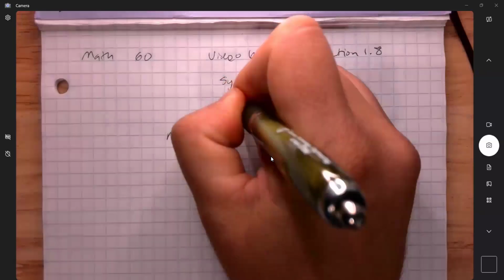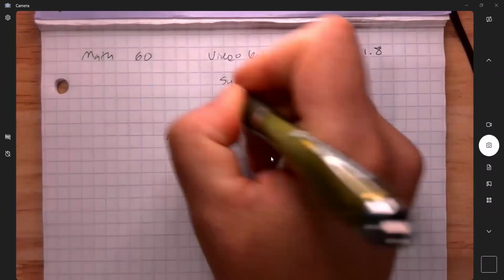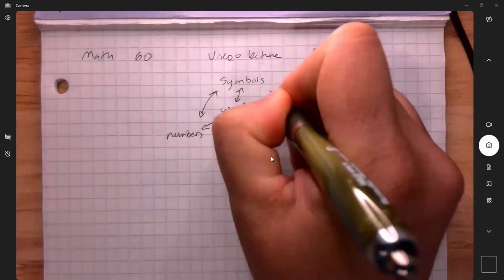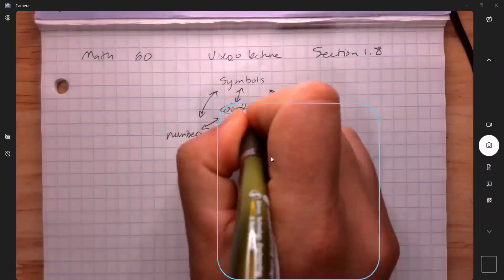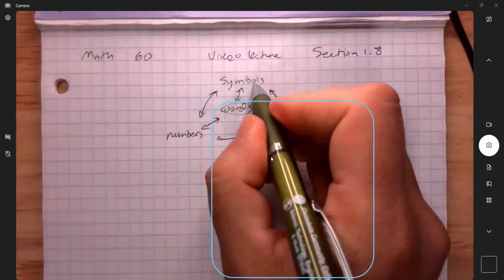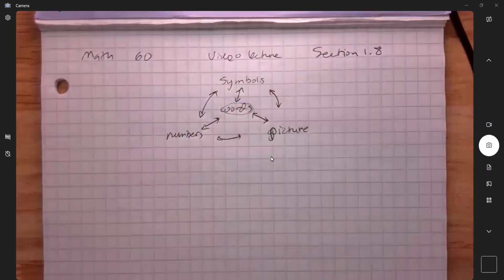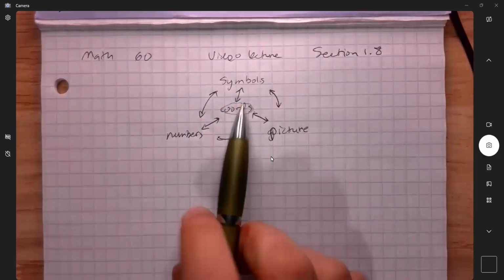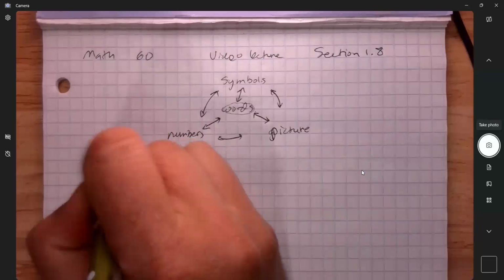It's really about being able to go between questions that come to us in the form of words and sentences and converting them usually into symbols, sometimes into pictures or numbers, so that we can do some math that tends to go a little bit faster when we use symbols than when we use words. So for example, suppose we have the following situation.